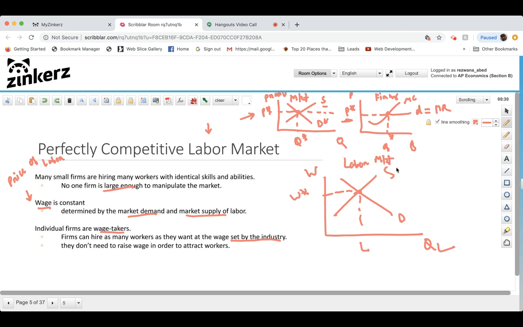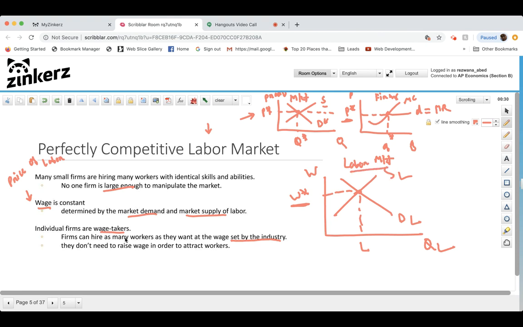So this is what the labor market graph looks like. The intersection of supply of labor and demand for labor gives us an equilibrium wage rate, and how many workers are going to be hired at that wage rate. That is what the intersection of supply and demand tells us in the labor market.